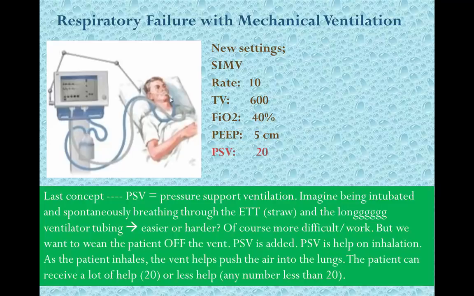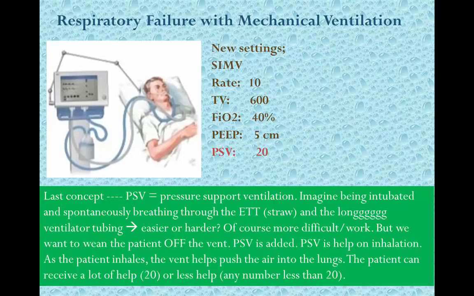Because if you think about that endotracheal tube, it's about the size of a little finger, and it's definitely smaller than the airway that they normally breathe with. And then you've also added about 6 feet of tubing. So if I asked you, is that more work of breathing than breathing through your nostrils?